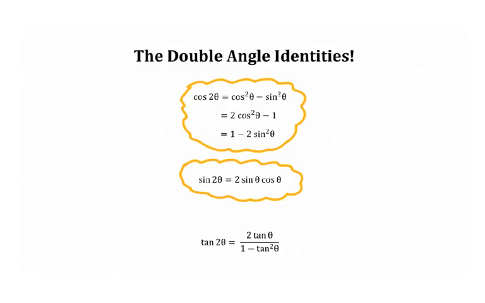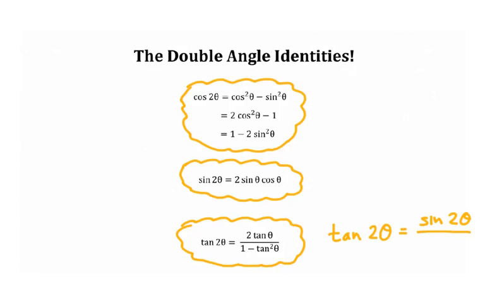And I did go ahead and include the tangent of twice an angle identity here, although, as we've discussed in class, we can always just appeal to our knowledge of tangent in terms of sine and cosine. So I'll throw this idea out there as well. If I know sine of twice an angle and cosine of twice an angle, that's probably what I would use if I was asked to find tangent of twice an angle.